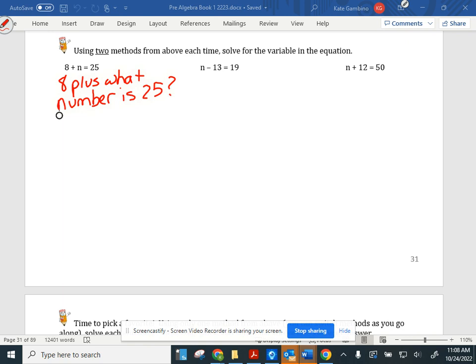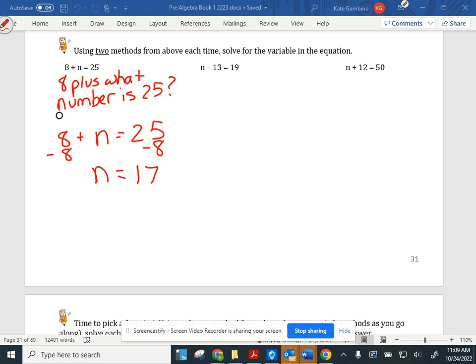That's one way, putting it as a question. Then you could do the opposites. 8 plus n equals 25. The opposite is subtracting 8 from each side. So 8 minus 8 is 0, so I get n by itself. 25 minus 8 gives me 17. So that's two ways. That's what we want to see.